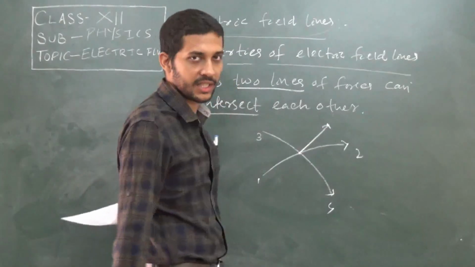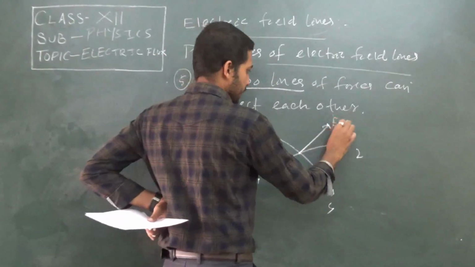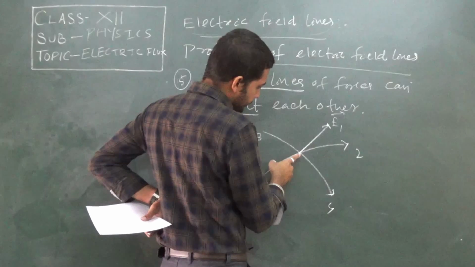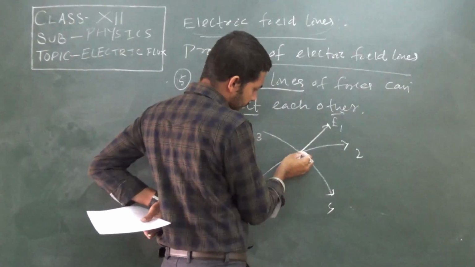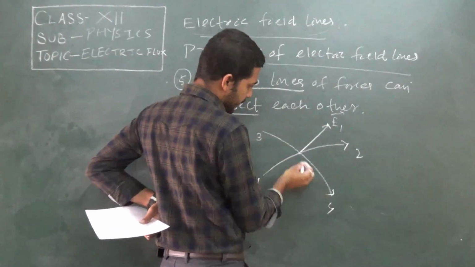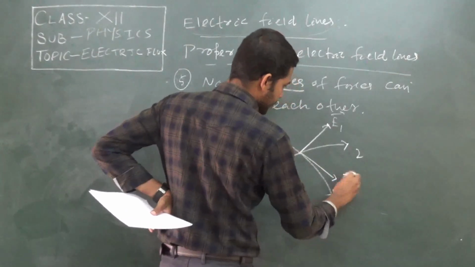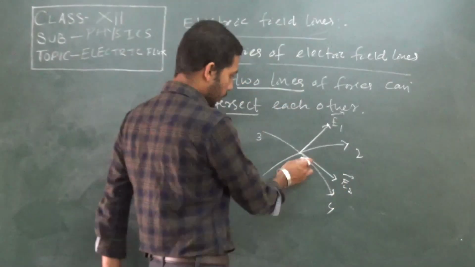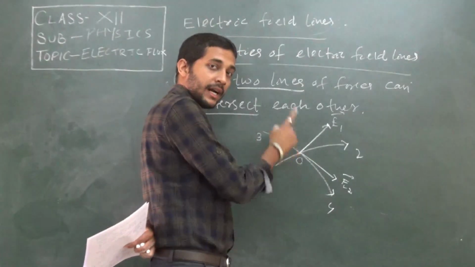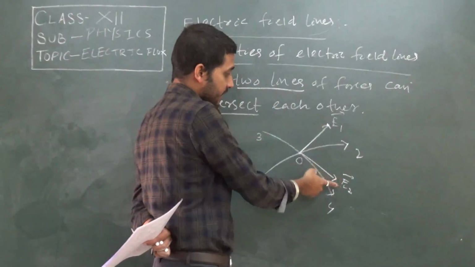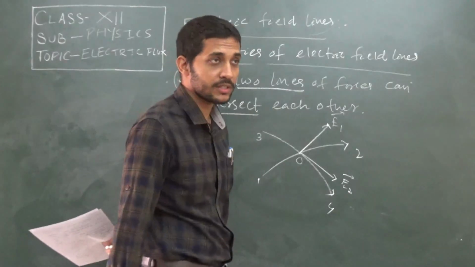This must be the tangent I need to draw. Let us say this is E1. At the same time, if I want to calculate the direction of electric field for 3, 4 at this point, I need to draw a tangent here. Let us say this one is E2. So see, on a single point at a time, there is direction for 2 electric fields, which is quite impossible.